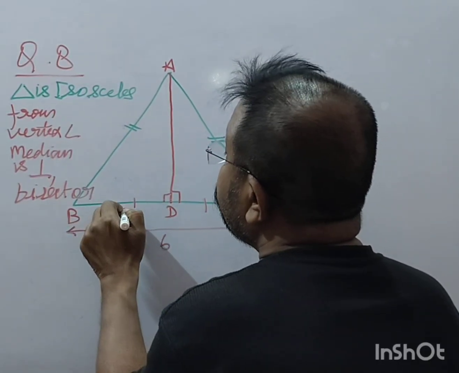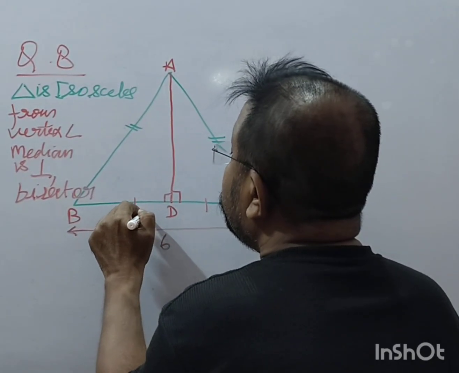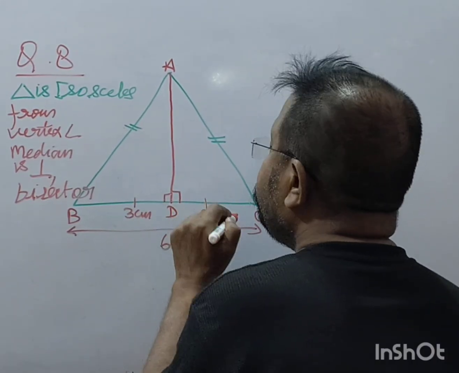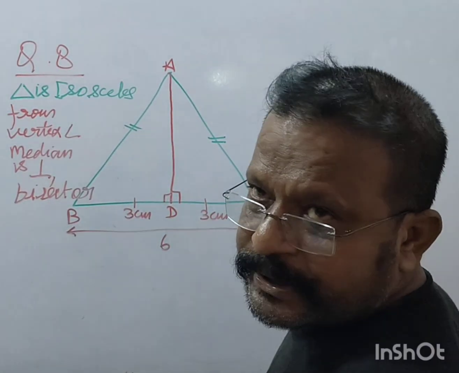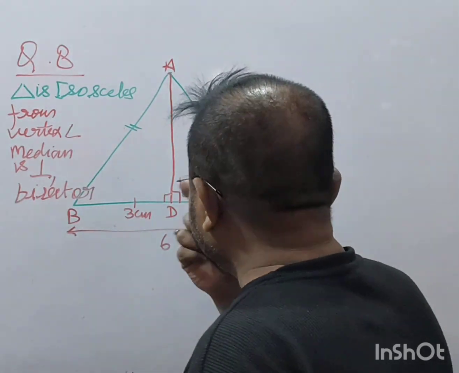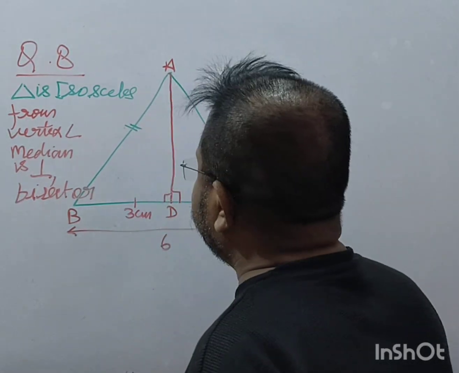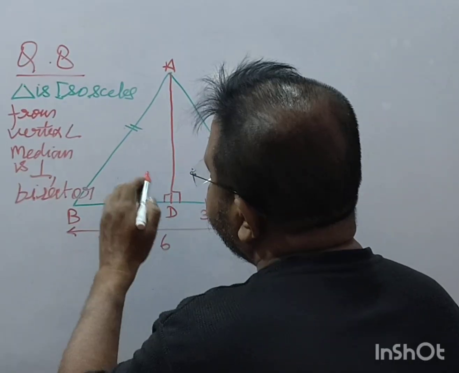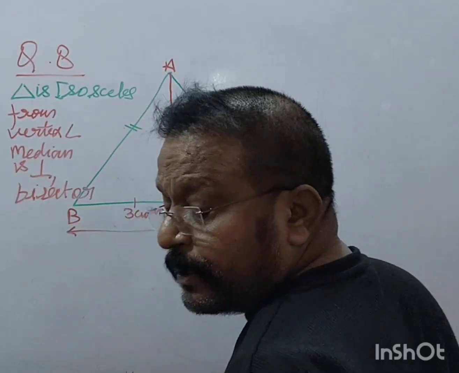So this will be 3 centimeter and this will be 3 centimeter. So this 3 and this 3 become 6. This is perpendicular.